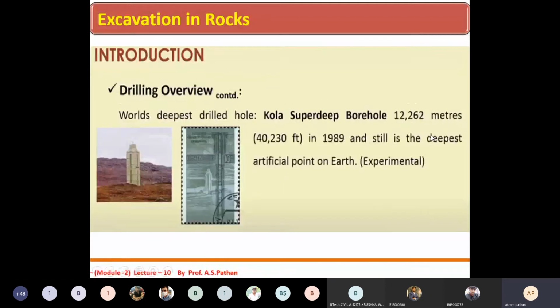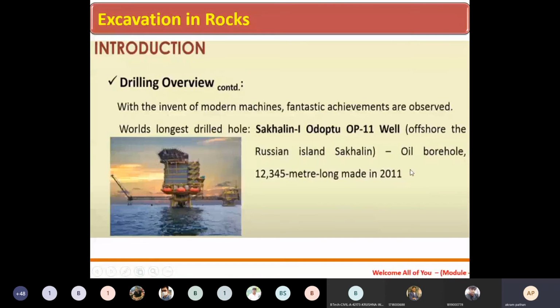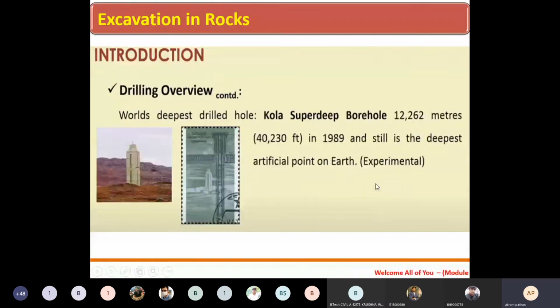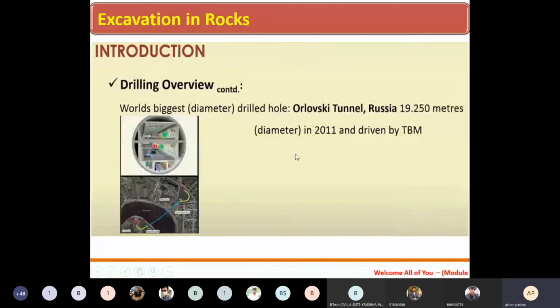We have seen these three: the Sakhalin oil borehole, drilled 12,345 meters long; the Kola Superdeep borehole for experimental purposes, 12,262 meters; and the world's largest diameter tunnel, known as the Orlovsky Tunnel in Russia. The diameter is 19.250 meters.